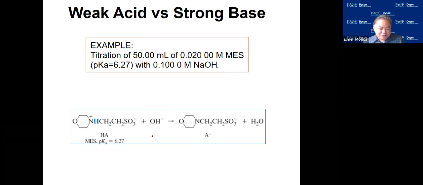So the question I would like to ask here, what do you think is the pH at equivalence point? Those who have not answered yet. The pH should be what?